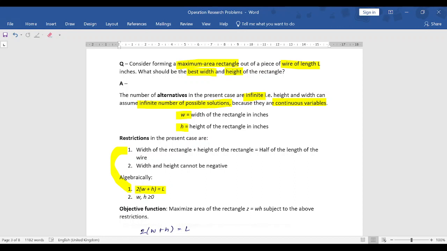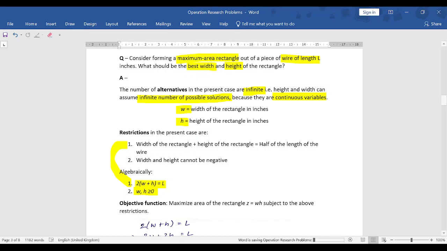Okay, so this is given in the restrictions form. Now width and height cannot be negative, because we don't take this into condition in the forming of a rectangle. So W, H is greater than or equal to 0.